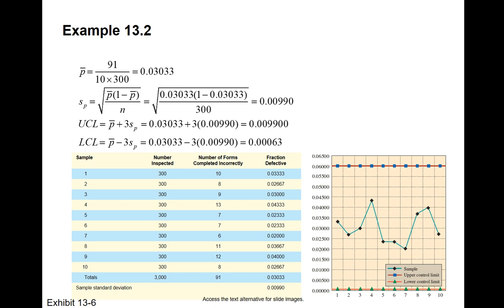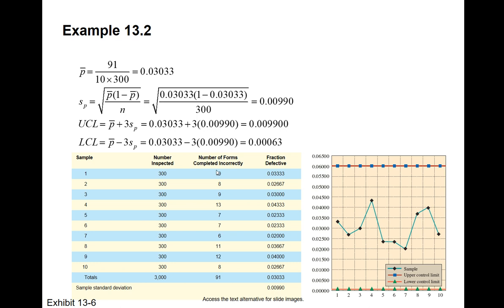The number of samples is how many samples you pick, and the sample size is how many units are in a sample. So the sample size for this question, according to the table, is 300, and the number of samples is 10, because we have 10 samples, and each sample has 300 units.